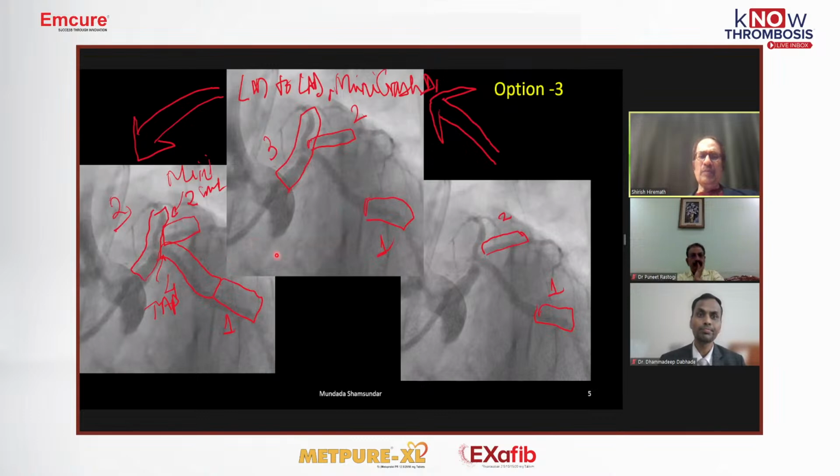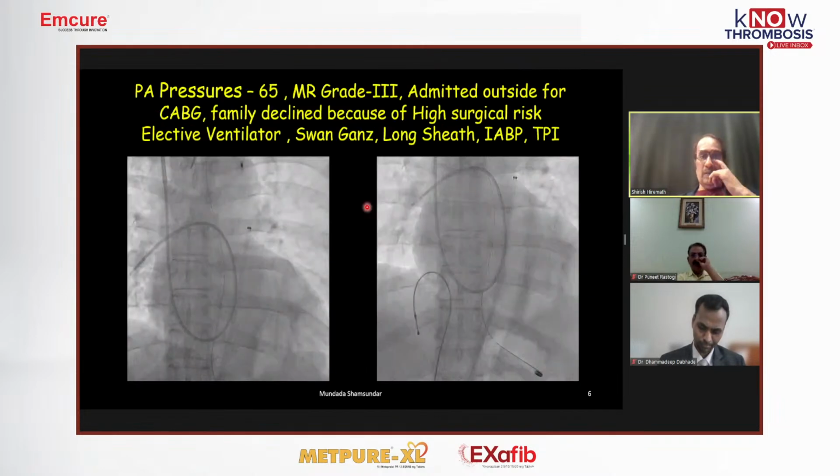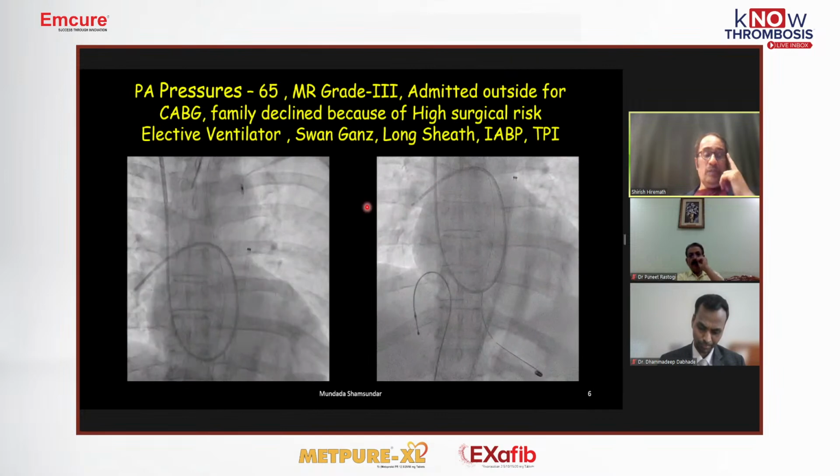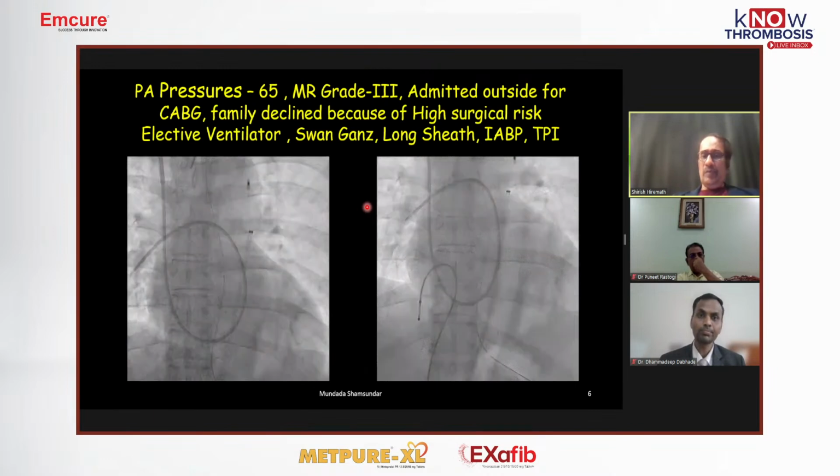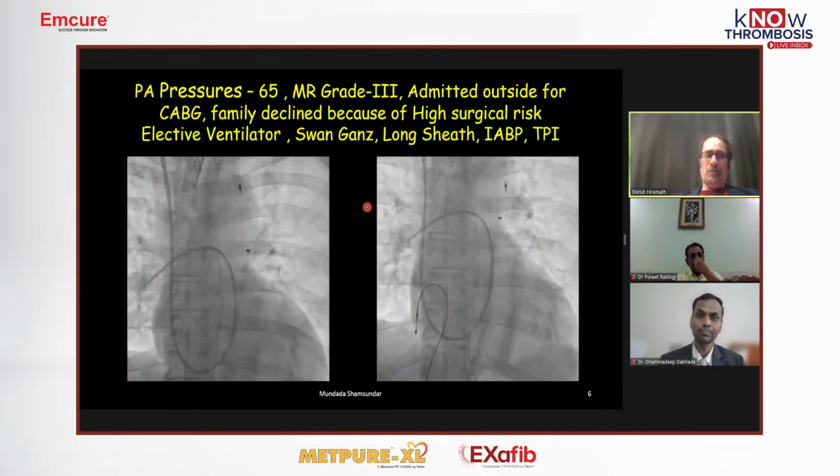And there were some other options, like stent 2 would go to this diagonal vessel, stent 3 to the LAD coming back to left main, and then stent 4 through that stent joining between the left main and the deployed diagonal stent. So we had our anesthesia team on high priority. In fact, the patient was intubated.